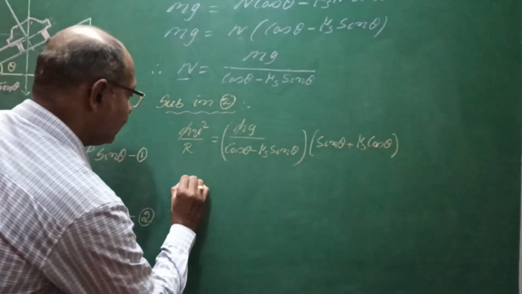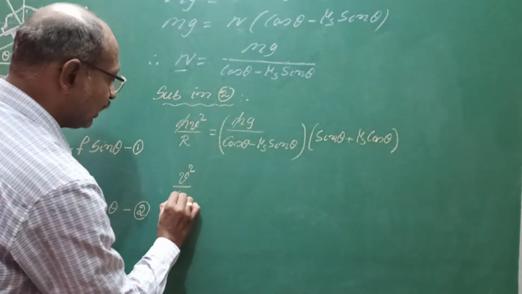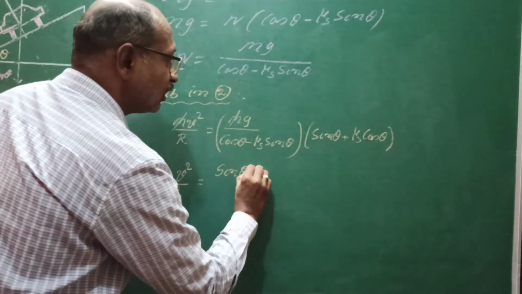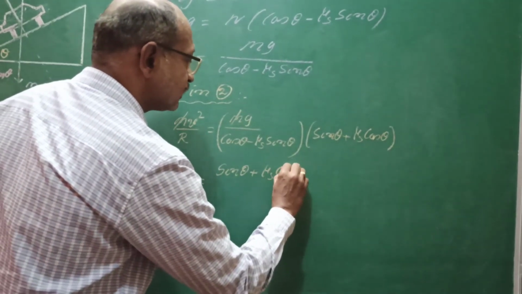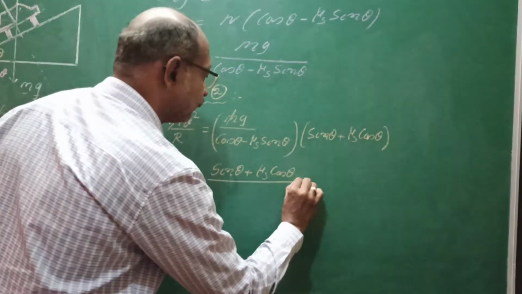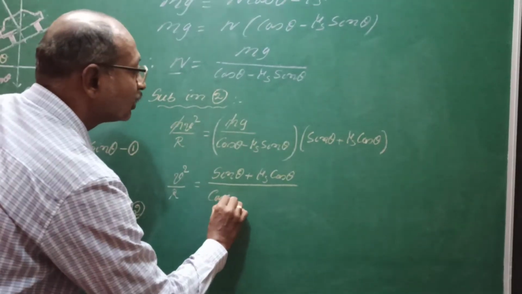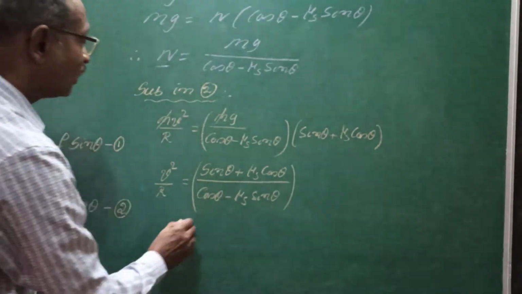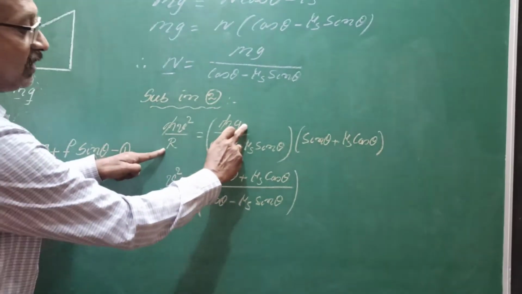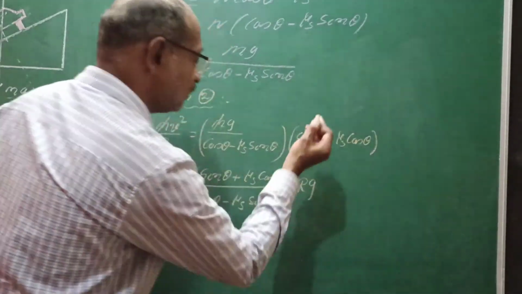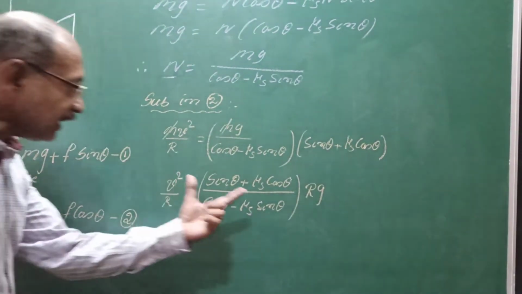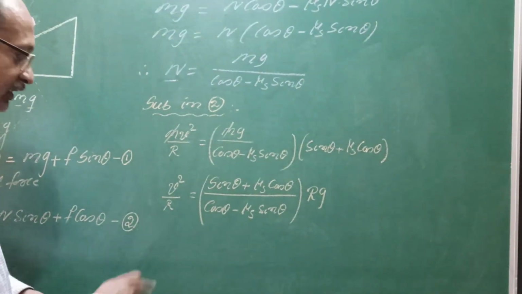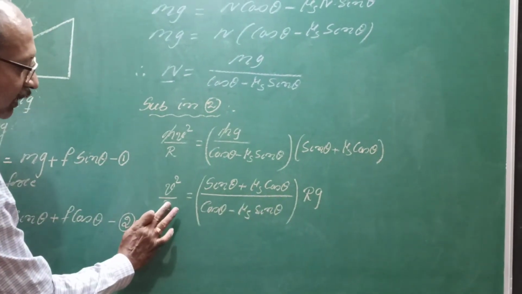So what will we get? v squared divided by r is equal to (sin theta plus μs cos theta) divided by (cos theta minus μs sin theta) into g. So just put it as r into g. Divide this equation by cos theta.